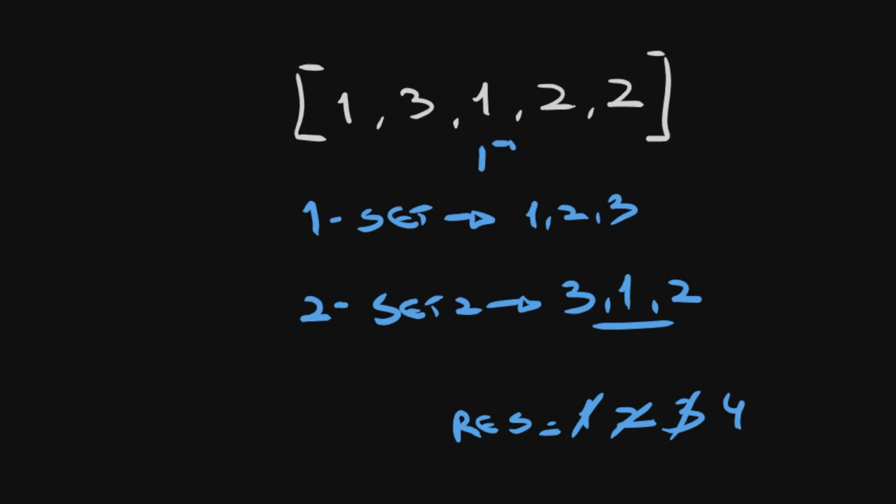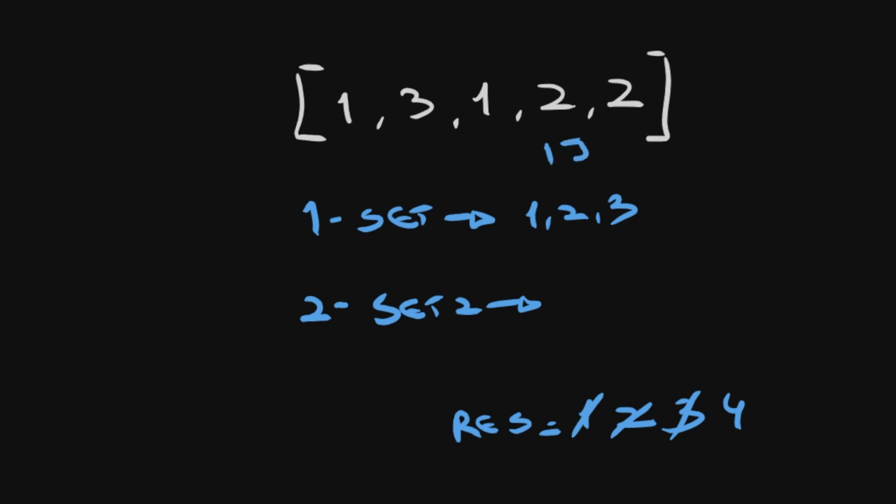Now i and j are here at index 2, so we create a new set, and now we need to add 1 to the new set, so we add the 1 and we update the j pointer. Now j is here, so we add a 2 and update j again. Now j is here and we already have the 2 in our new set, so we update i.